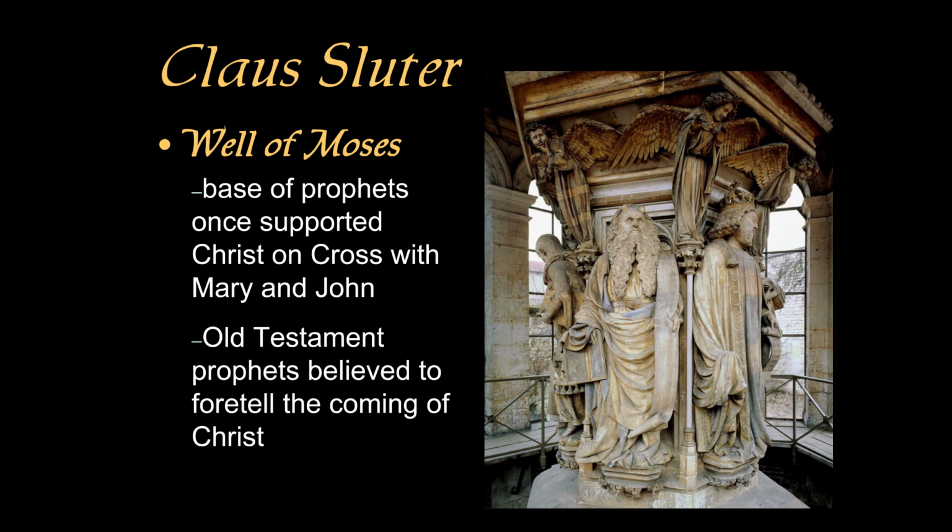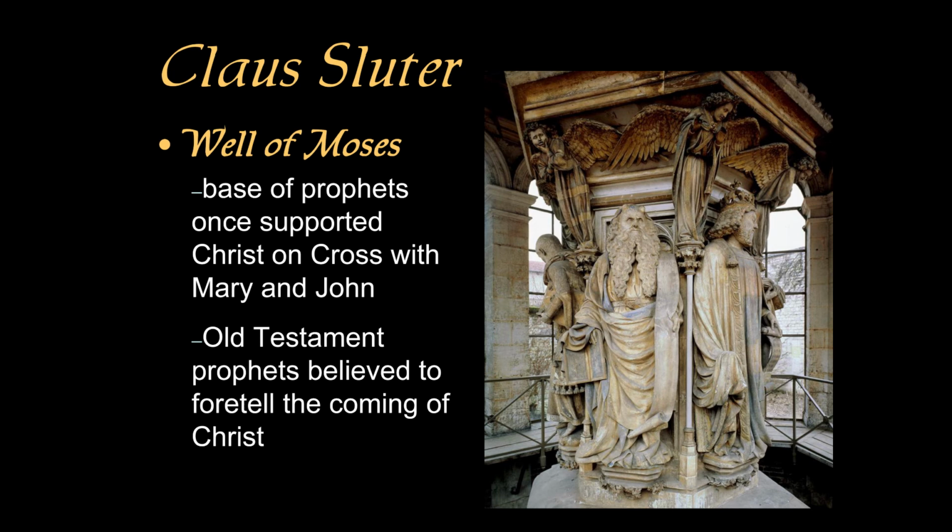Once, the top of it supported a Christ on the cross with Mary and John standing beside him. So this was very complex iconographically, and you can imagine, every time the monks would pass it, or if they'd go to gather water, they would be reminded of all of these theological ideas that we will be talking about.